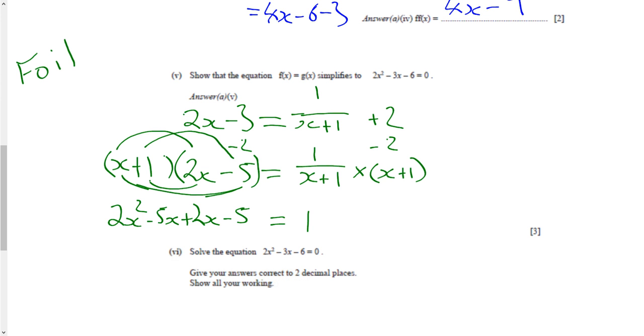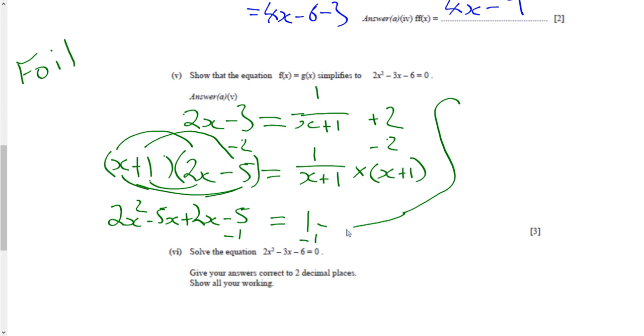So we've gone and multiplied that out. All we need to do now is combine our like terms. And also I'm going to equate the whole thing to 0. So I'm going to get rid of that 1 by saying minus 1, which means whatever I do on one side, I have to do on the other, so I'll say minus 1 over here as well.